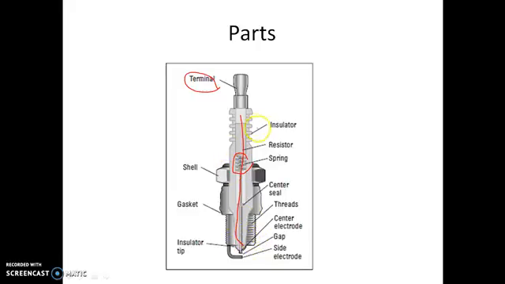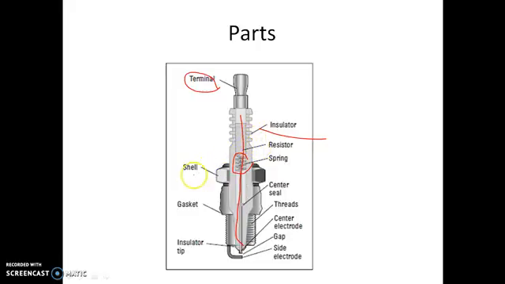We have an insulator, as you can see here. The insulator always protects the central electrode, which carries the high voltage, from the rest of the engine. In any case, we cannot allow this system to have a leakage, because whenever there is a leakage, the high voltage will be transferred to the entire body and there will be a loss of spark plug function.